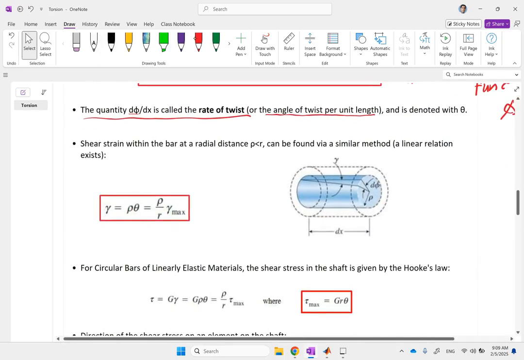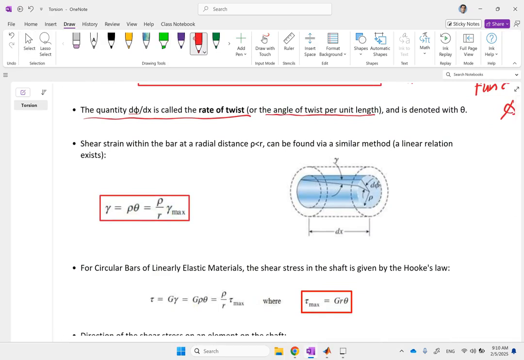So as I said, we call that gamma max. Why? Because if we move inside this shaft and go to a radius rho that is less than R, then if we look at this gamma angle, clearly gamma, instead of being R times theta, is going to be rho times theta. Why?